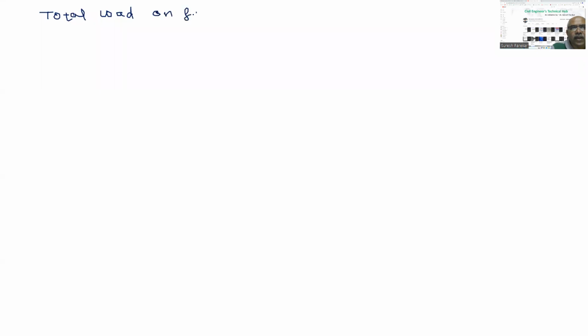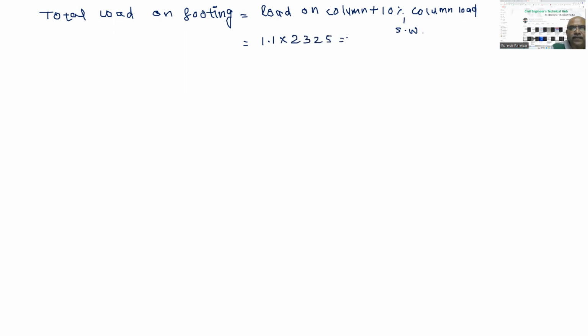We know the load on column plus 10% of column load, which will be the self weight. So this value is 1.1 into 2325, which is equal to 2557.5 kilonewtons.